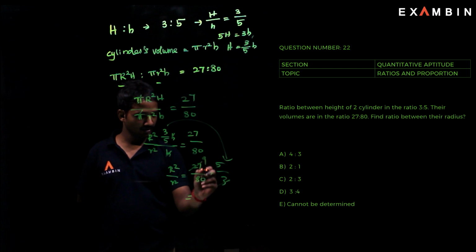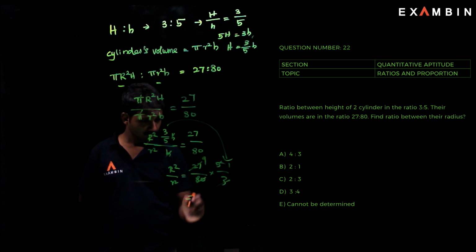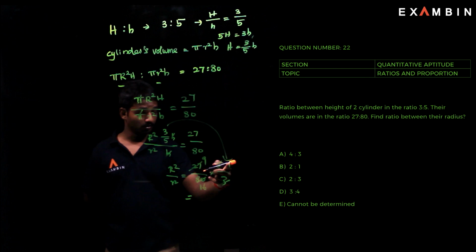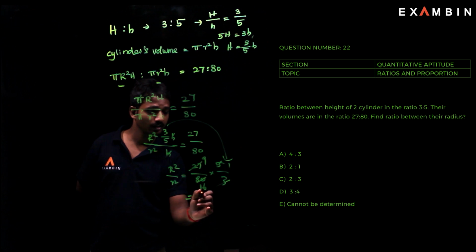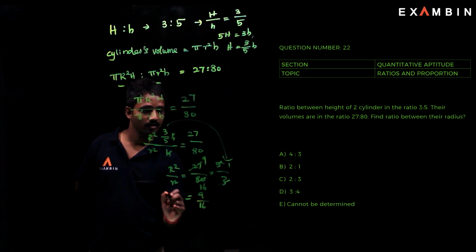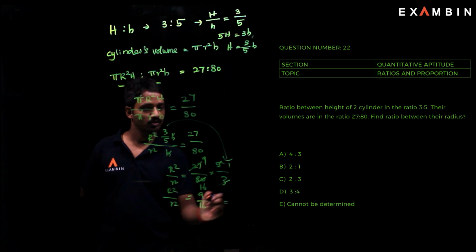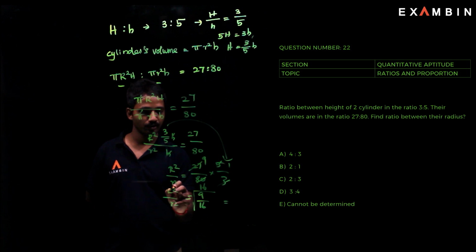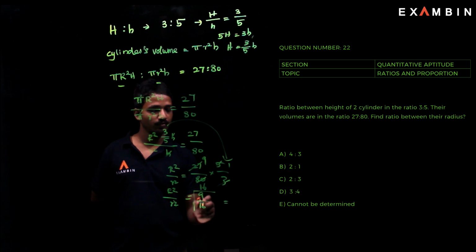So 9 3s are 27, 16 5s are 80. So 9/16 is capital R square by small r square. By taking the root of this whole value, we can remove these squares.